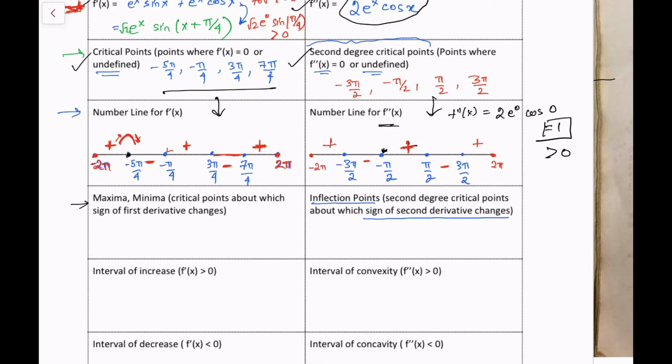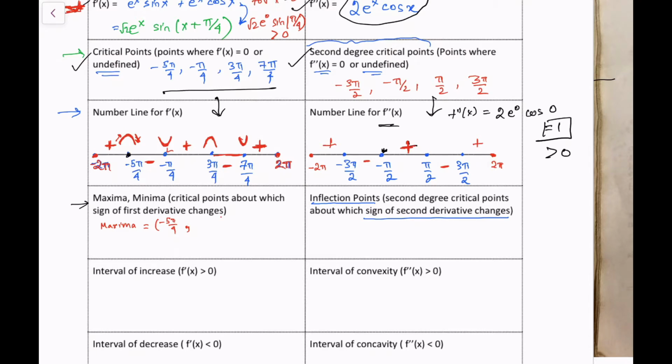So it makes sense why it is a local maxima. Similarly, here it will be a local minima from negative to positive, a local maxima and a local minima. So we have the maximas and the minimas right here. Maxima is at negative 5 pi by 4, comma, we have to also find the y coordinate, so this is the x coordinate.